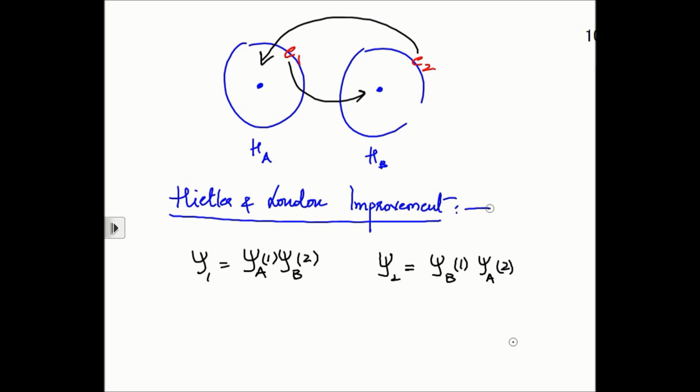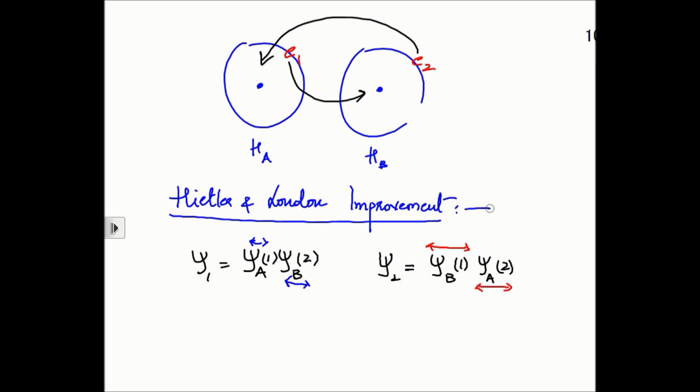So you have one wave function which should be a product of the wave function wherein electron 1 is associated with hydrogen A and electron 2 associated with hydrogen B. But there could also be an equal likelihood of psi 2 wherein electron 2 is associated with hydrogen A and electron 1 is associated with hydrogen B.